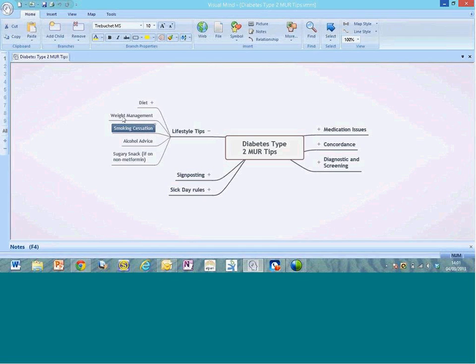The general alcohol advice, to make sure they're not over drinking: standard units, less than 14 for women and less than 21 for men. That's the sort of advice we tend to give. And also to make sure you carry a sugary snack if you're on a non-metformin. So if you've got a risk of a hypo, you probably want to carry something like that around as well.